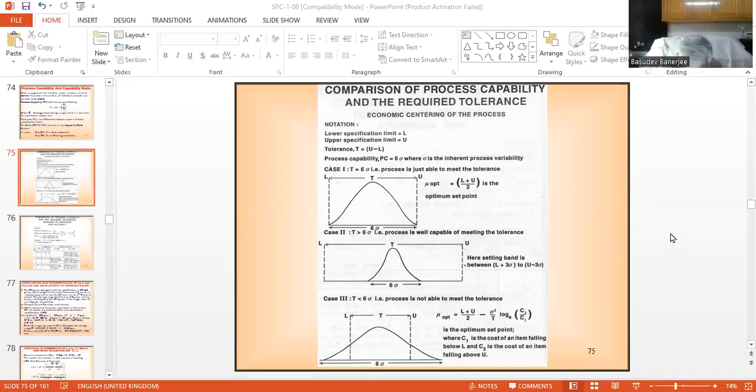D3 is 0, and D4 is 2.004. Right, you are right. n equal to 6. Very good.